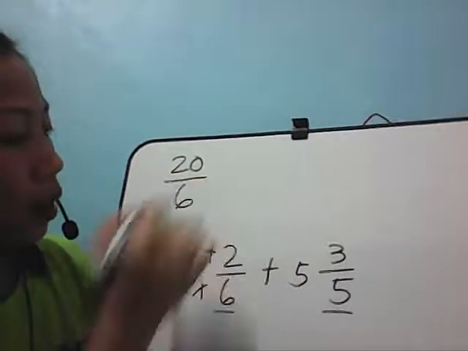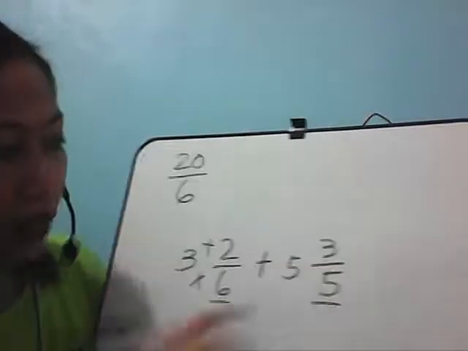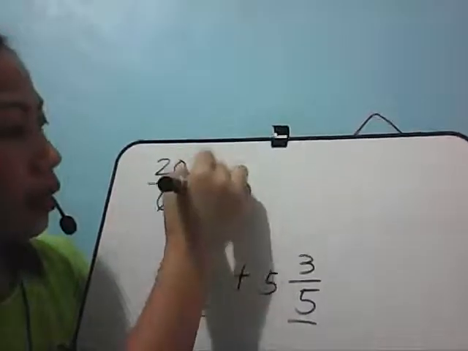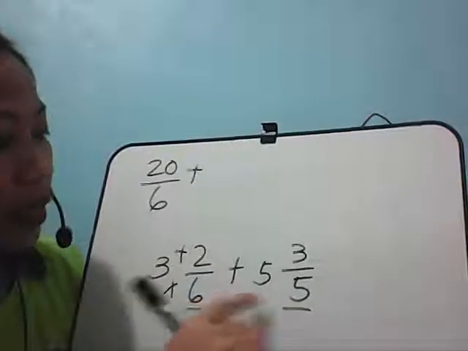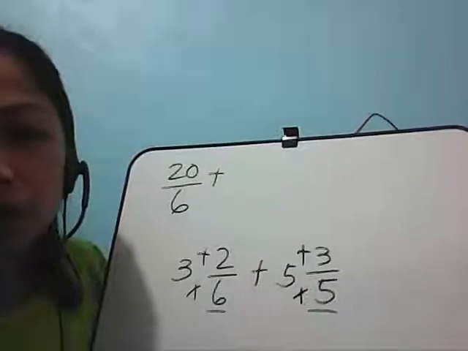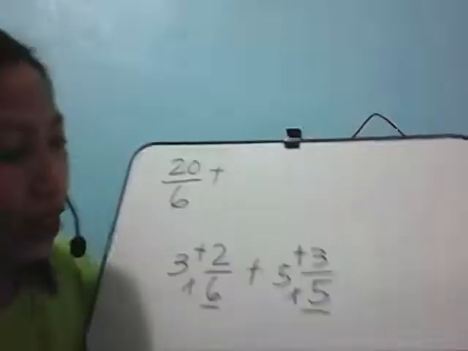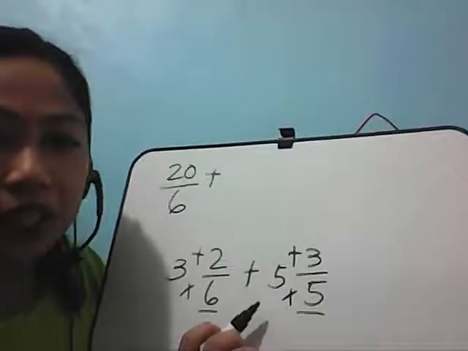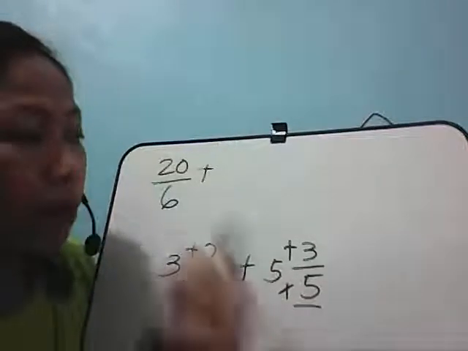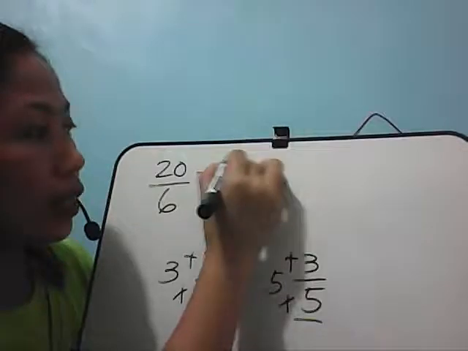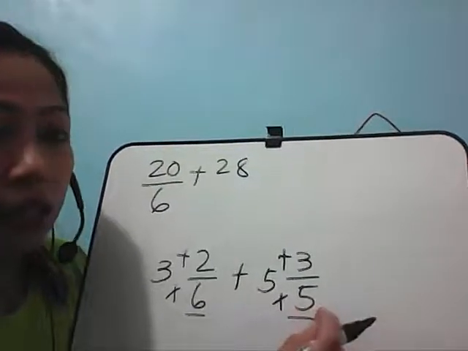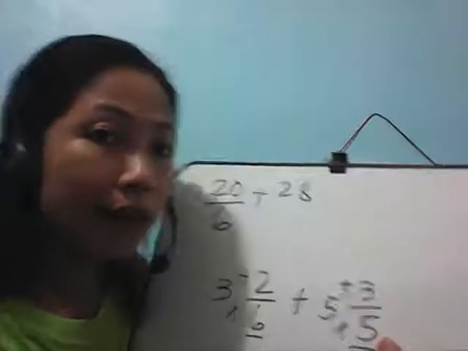Then next, ganun din gagawin natin dito. Let's copy the sign here, which is the plus or add sign. Can you answer, Neil? 5 times 5 is 25, plus 3 is 28. Then, of course, copy the denominator, which is 5.